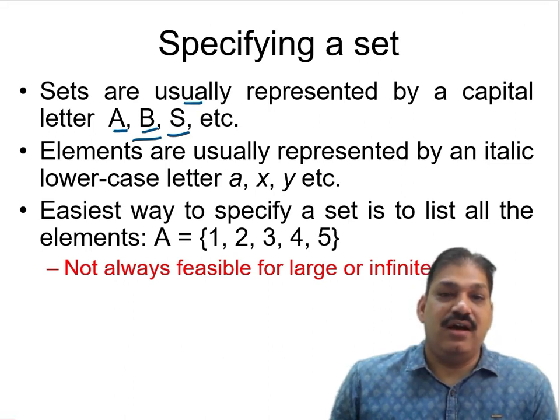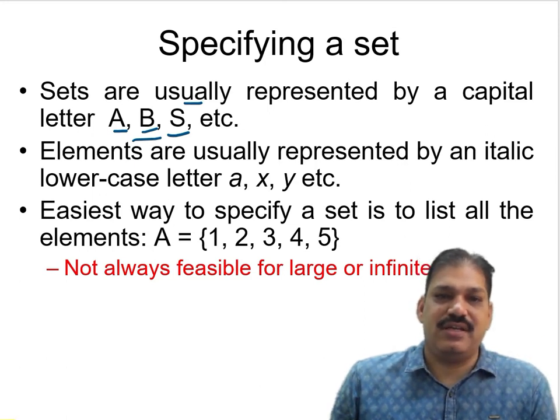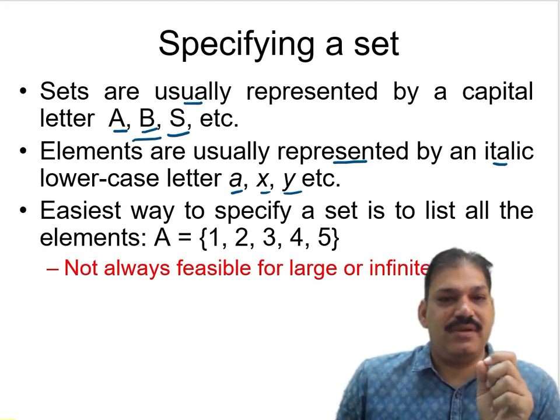And the elements or the variables we introduce to write the set are generally represented by italic lowercase letters a, x, y, etc. It's not a rule, but generally we do it. We write the elements in lowercase letters.